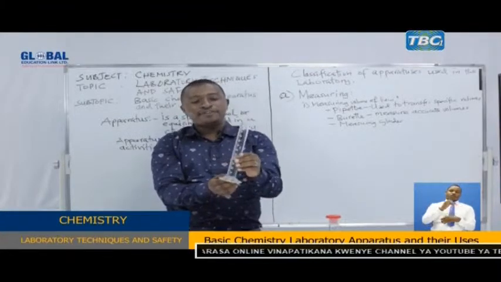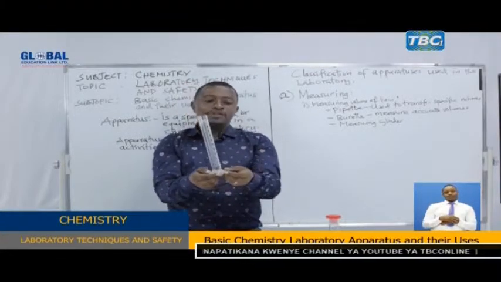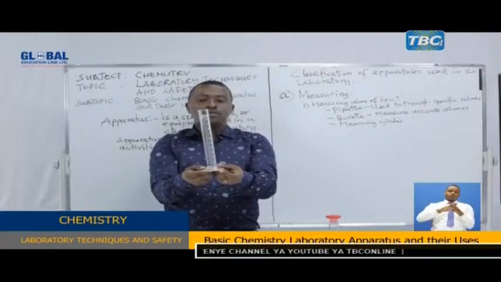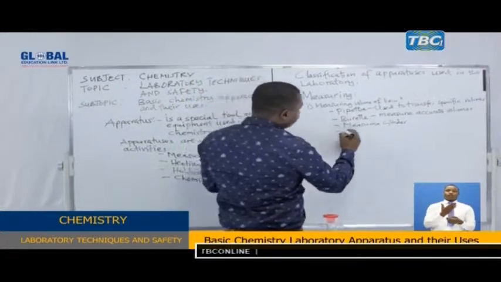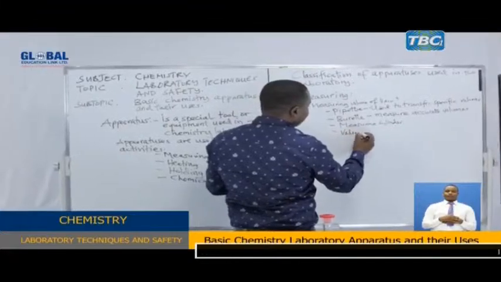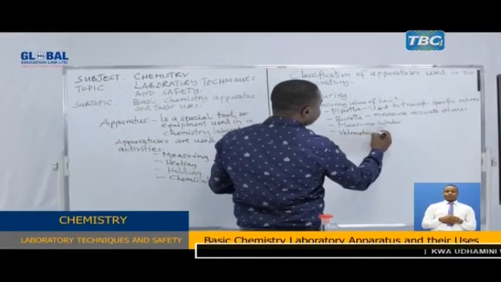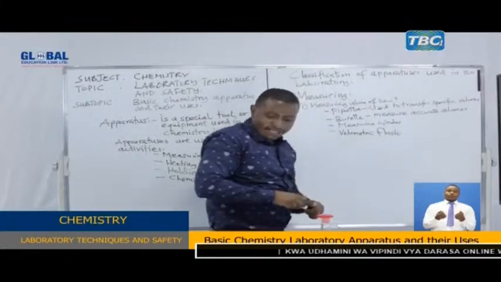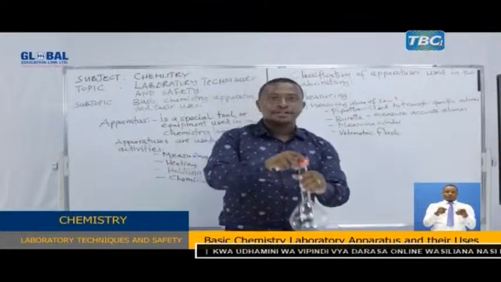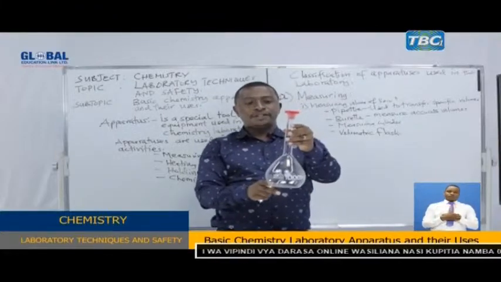So they have different sizes. And this one is made of glass, so it's a glassware apparatus. We can also have a volumetric flask. Dear student, this one is a volumetric flask.